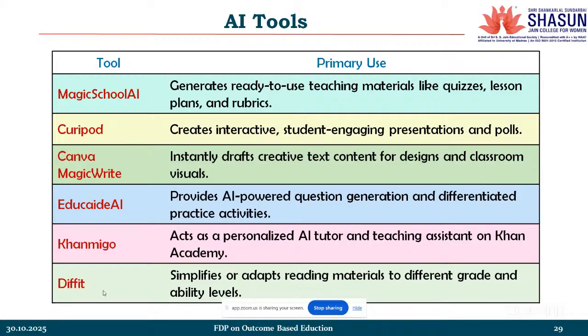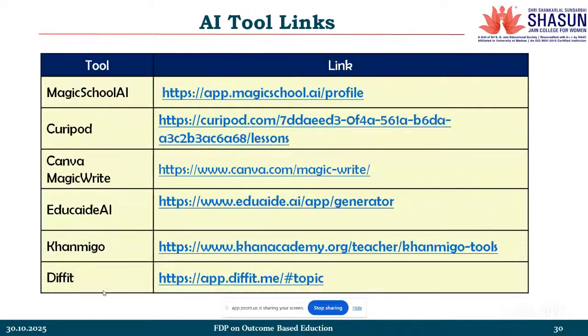I can just show you the major tasks you can do using these tools, and whichever is suitable to you, you can start using. For using all these tools, you need a Google account. My suggestion is, don't use your personal account or your college account. Create a dummy Google account, and then you can start using these tools.